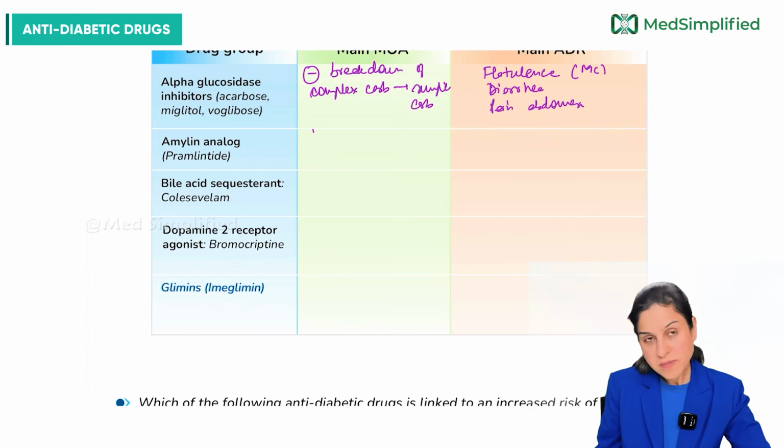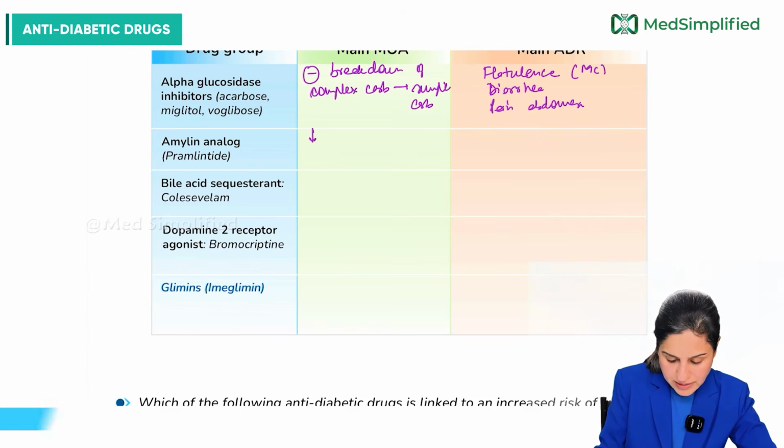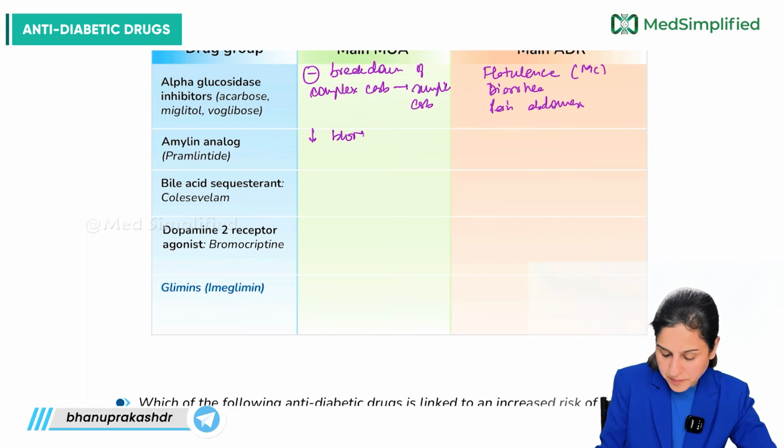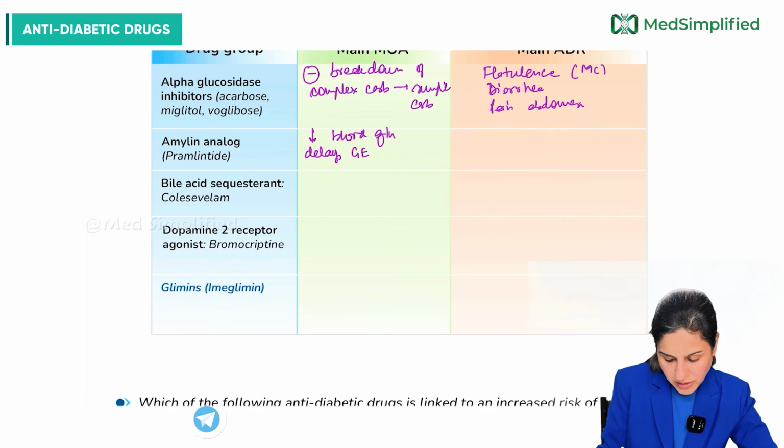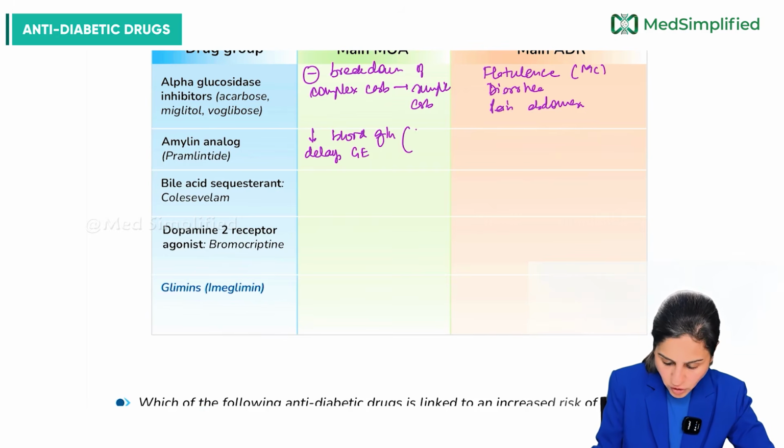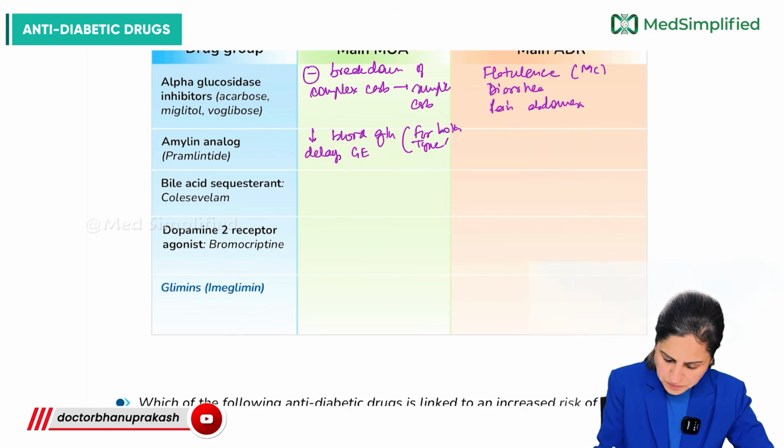Amylin analog, which is pramlintide, will help in decreasing the blood glucose levels. It also delays gastric emptying. This is one drug which is approved for both type 1 and type 2 diabetes mellitus.